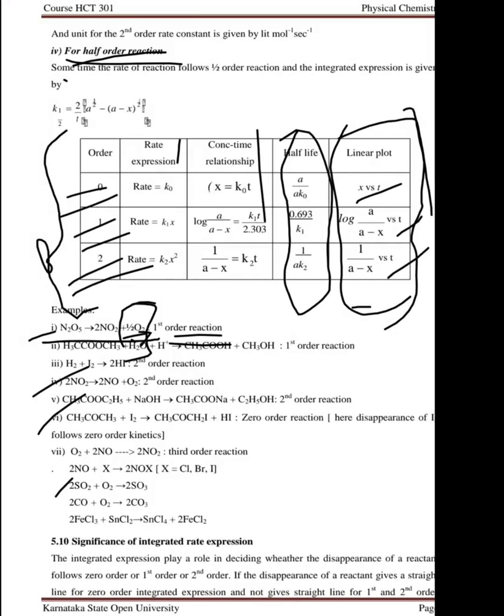The next topic is 5.10, significance of integrated rate expression. This is nothing but the importance of integrated rate expressions. There are three points. The first point is that it gives a straight line, where the slope is the rate constant of the reaction.